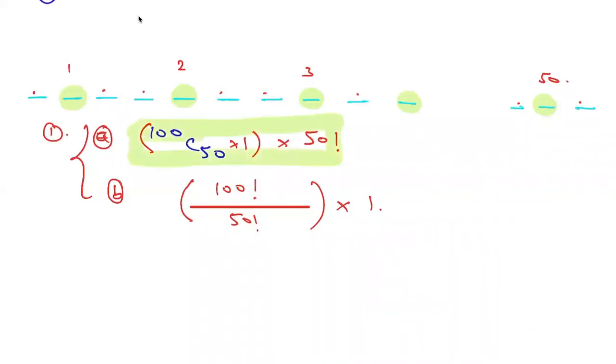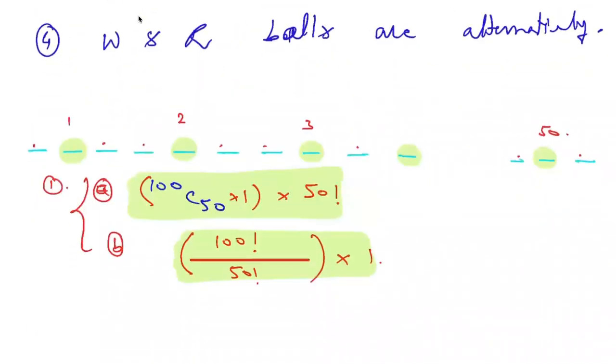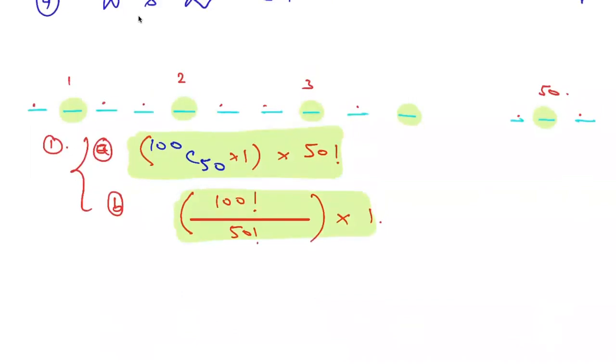You can go this way or that way, you have both ways. Either you select and arrange, or you don't select, only arrange. In the second case, 100 factorial is the total number of ways, with white and red both arranging.